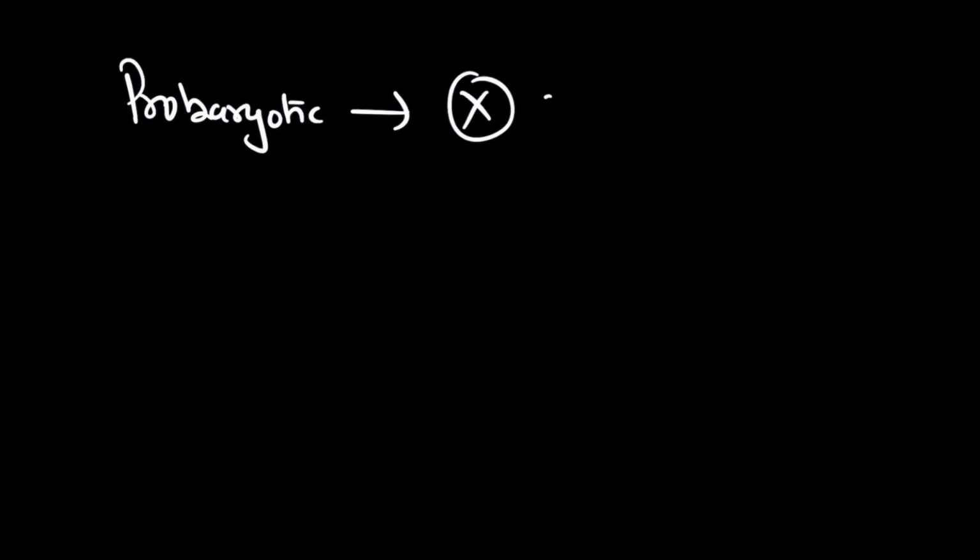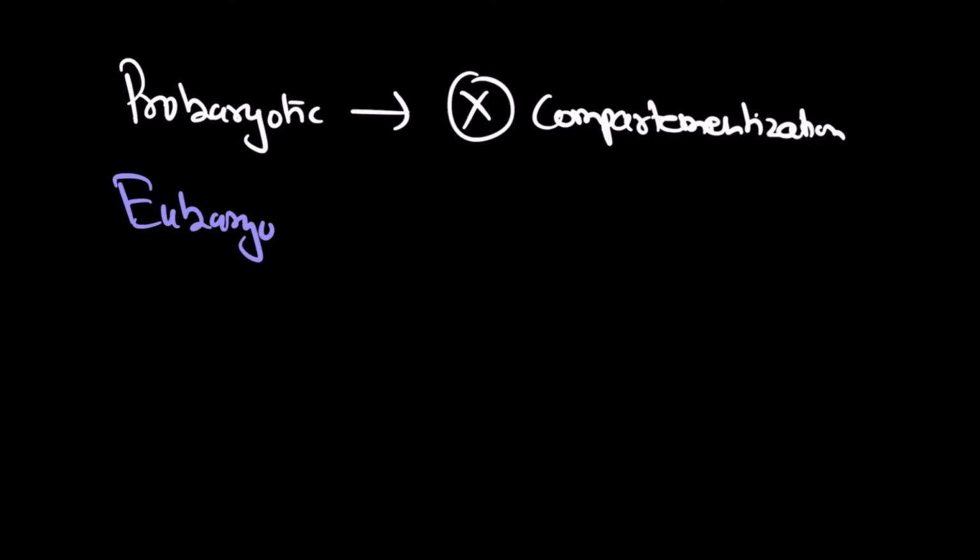Now another important difference, keep in mind, in the case of prokaryotic cell you are not going to see any compartmentalization, while in the case of eukaryotic cell you are going to see compartmentalization. What does it mean? Try to see here.